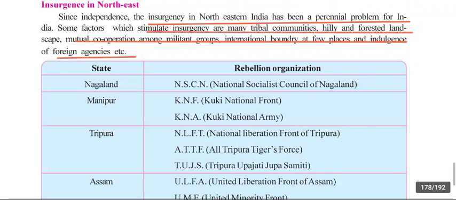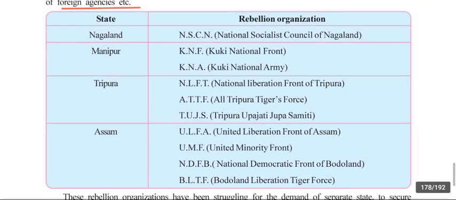These groups want either a tribal nation or hilly and forest land, and among the militant, meaning warring groups, they also want their own state, or they want their separate nation. They want to separate from India to get their own independently ruled nation.